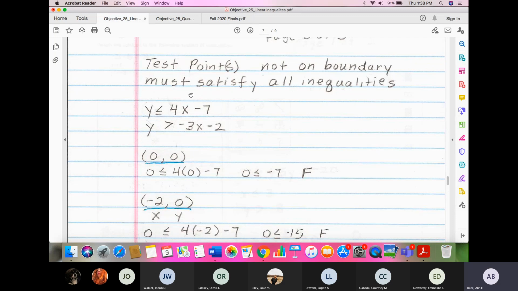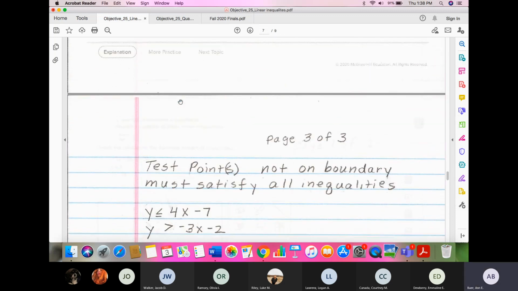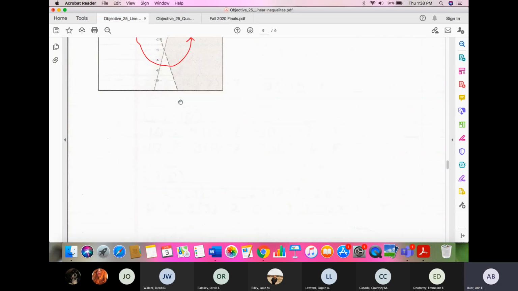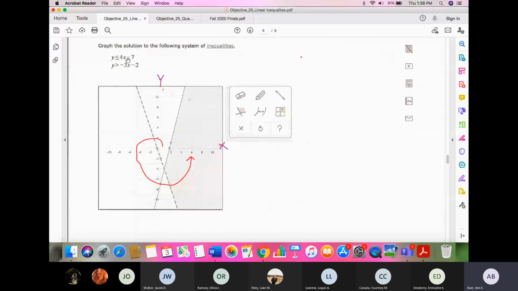Let's go back to the graph for a moment. I just remembered something I want to say. Whatever test point you use must satisfy both inequalities simultaneously. That means that test point, which consists of 2 coordinates, must satisfy both inequalities at the same time. And there will only be one region.